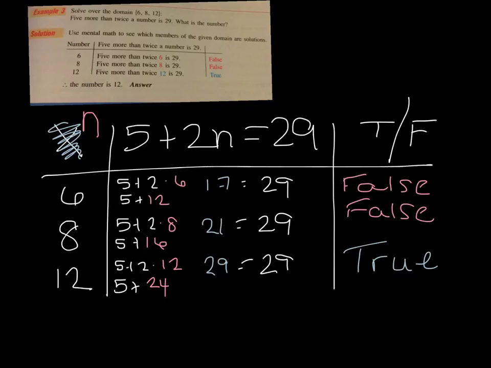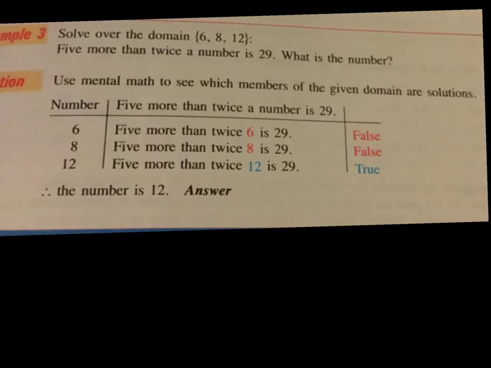And now what I've shown you is the work for how I've simplified the left side of each of these expressions and then compared the simplified answer to the right side of the equation. So in this case, 17 compared to 29, 21 compared to 29, and 29 compared to 29. What I encourage you to do if you're getting a different answer or if you're confused is to pause the video, check the work, ask questions, and then return.